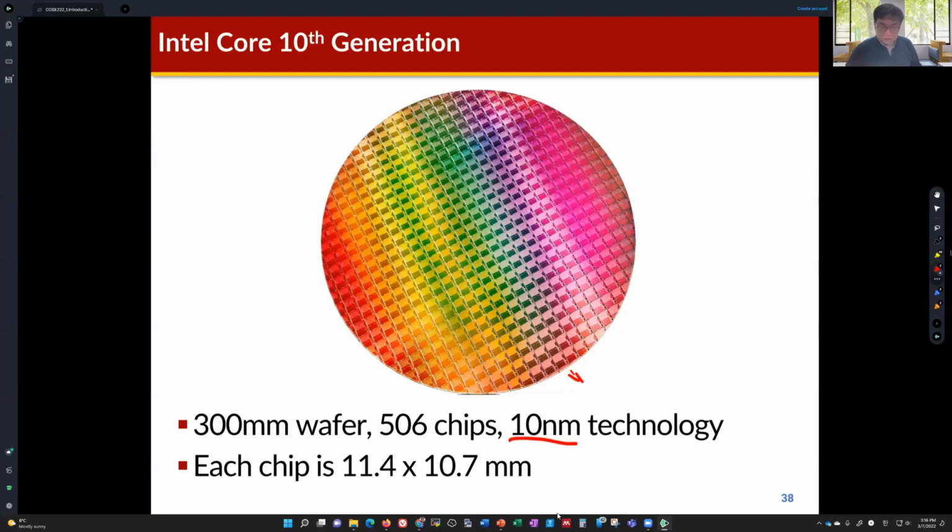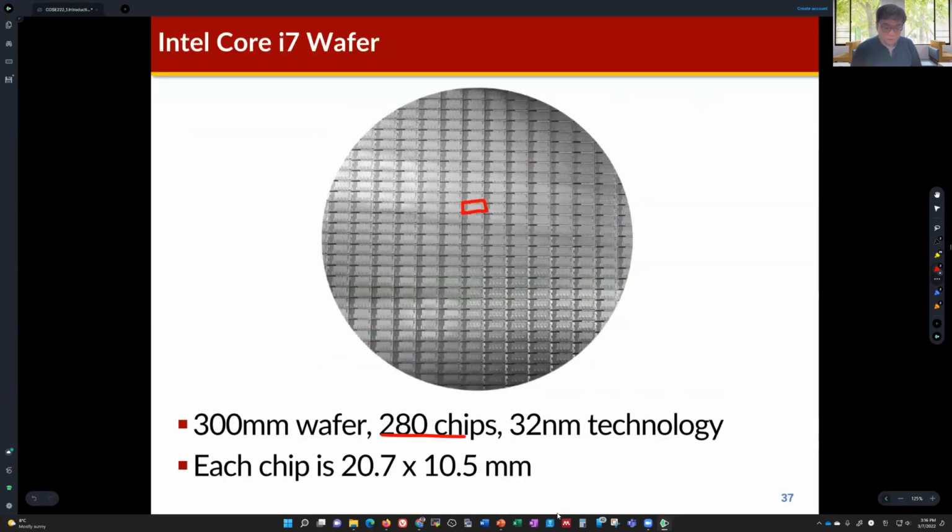That means on the same wafer size, this wafer can produce 280 chips, but that wafer can produce 500 chips.